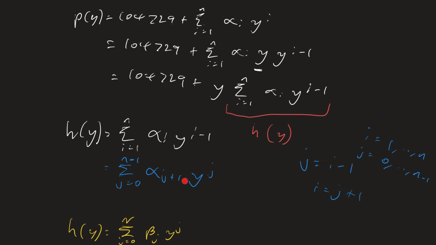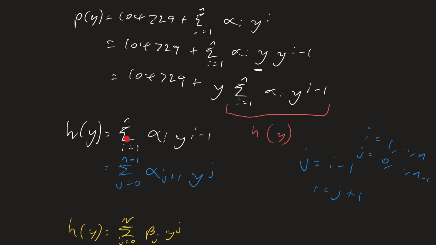If you haven't seen this before, it does require a little bit of thought. The claim is that this summation is the same as this summation here. All I have done is change from the letter i to the letter j, and I've shifted it by 1.